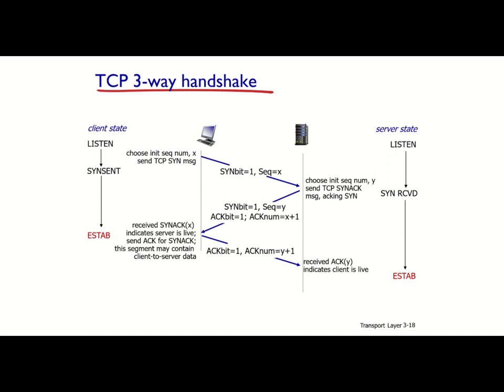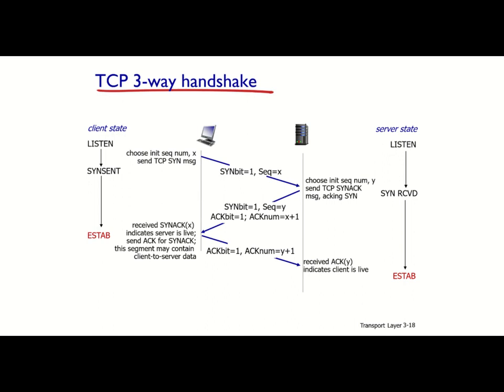Then when the server receives the SYN message, it chooses its own sequence number, which is Y, and sends this TCP SYN ACK message. So the SYN message is sent by the client, and the SYN ACK message is sent by the server in response to the SYN message of the client.